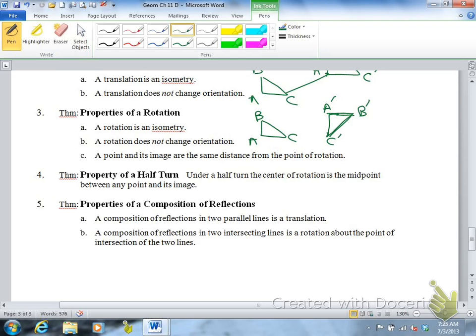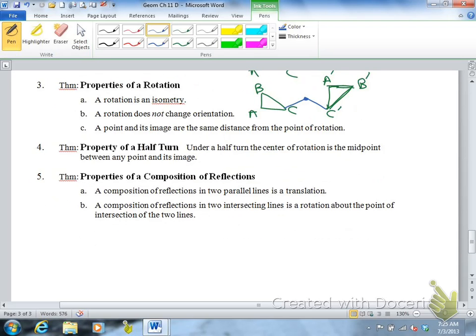Notice the rotation does not change the orientation. You have ABC going clockwise, and you have A prime, B prime, C prime going clockwise. And each point and its image are the same distance from the point of rotation. So if my point of rotation is here, C and C prime are the same distance away from the point of rotation.